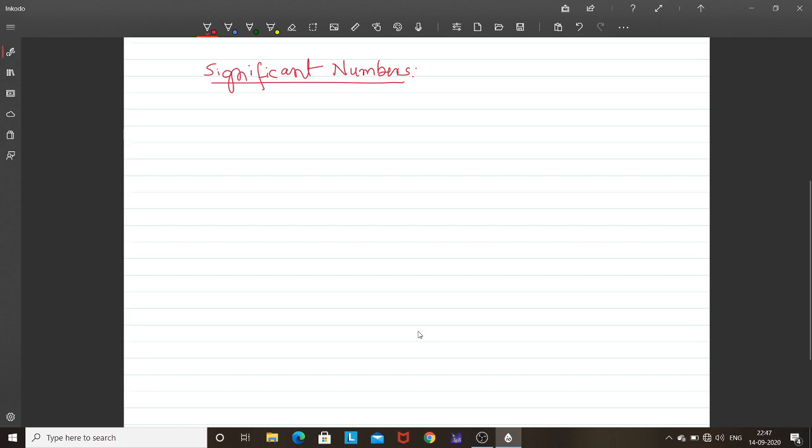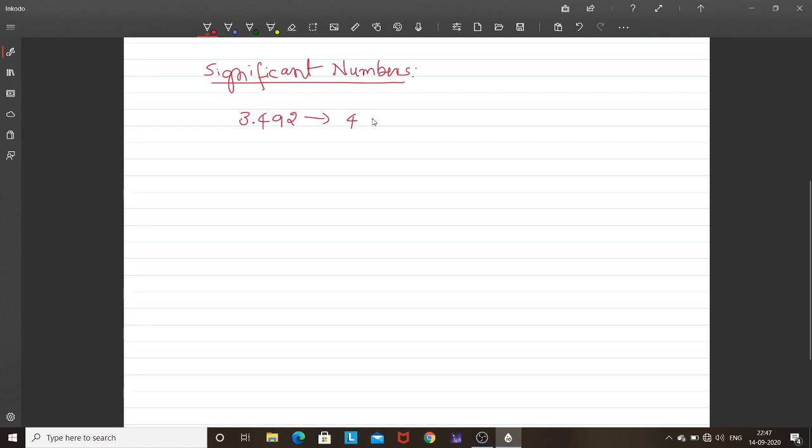The digits used to express the numbers are called the significant digits. If I take the example 3.492, how many significant digits are there? We write that there are 4 significant digits.